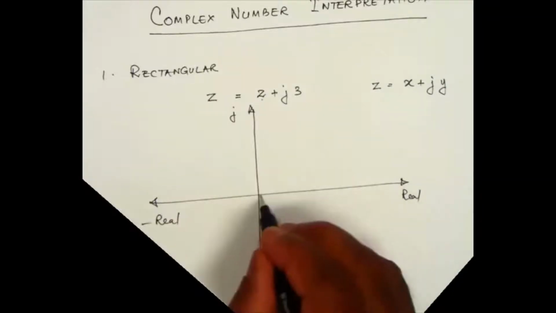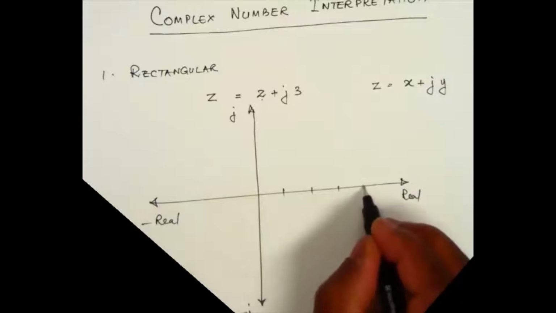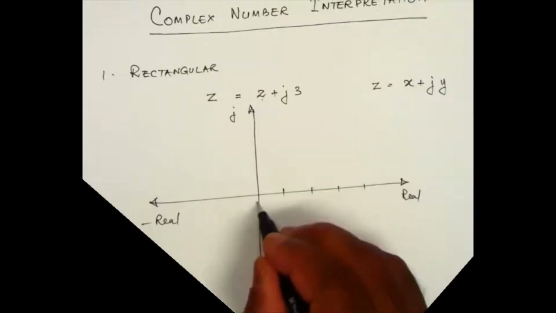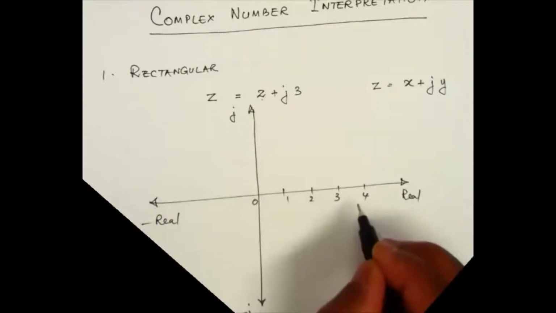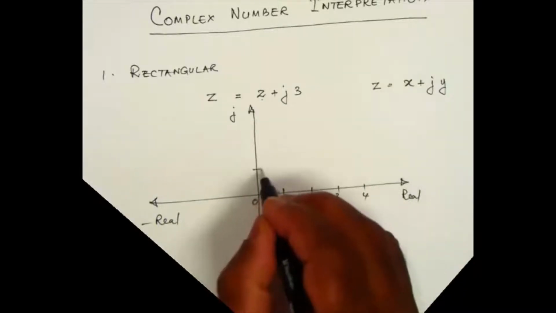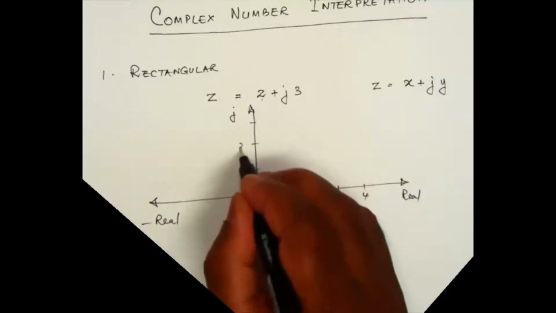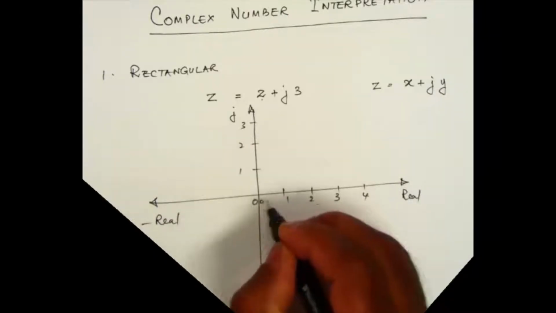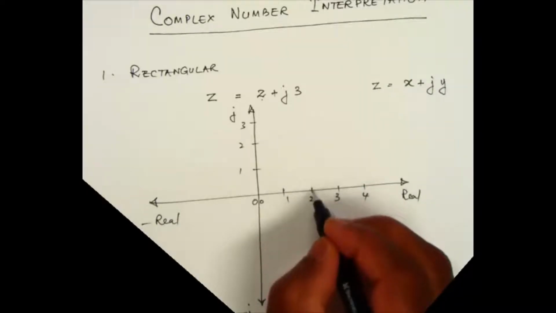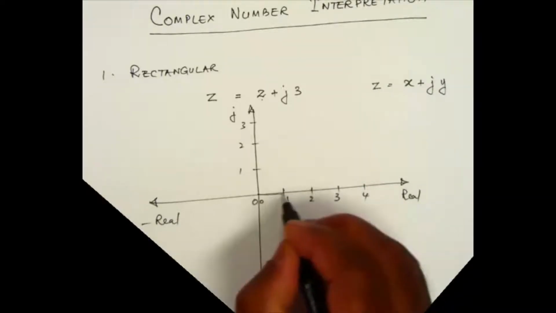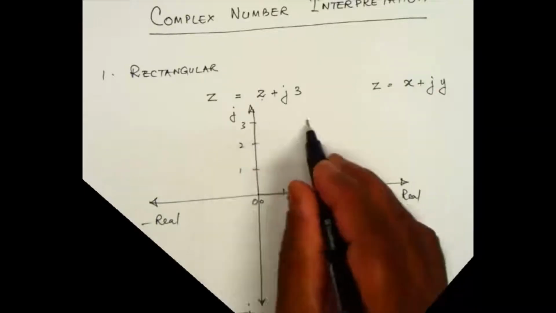So, if we just have our scale like this, so that's 0, 1, 2, 3, 4 like that, and then on this side also 0, 1, 2, 3 like that, and then 2 plus j3, 2, that is on the x-axis or the real axis, and j3, that is there.